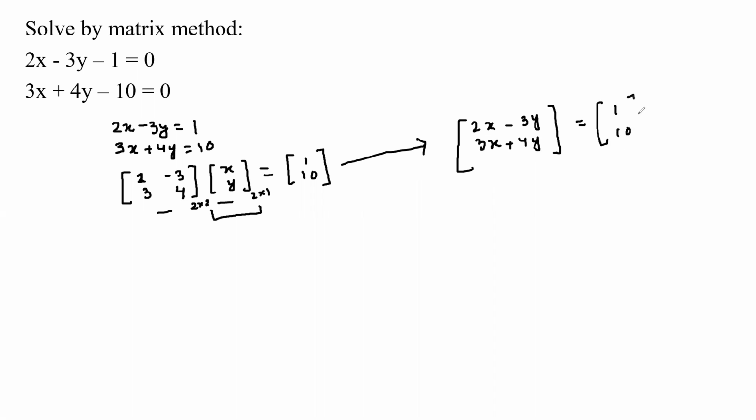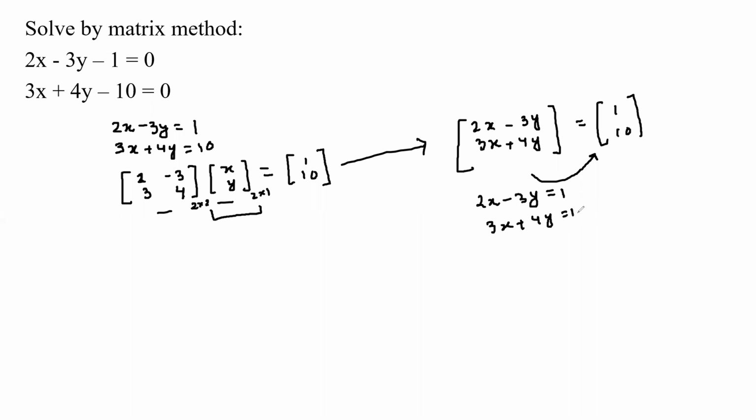And as you know that if the matrices are equal, then their corresponding components are also equal. So here you can see 2x minus 3y will be equal to 1, and 3x plus 4y is equal to 10.